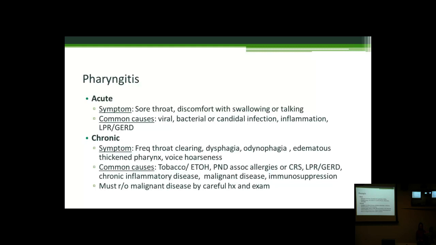Common causes include tobacco use, reflux disease, chronic allergies, as well as potentially a malignant process causing those symptoms. So always rule out a malignant disease before you consider any other diagnosis.